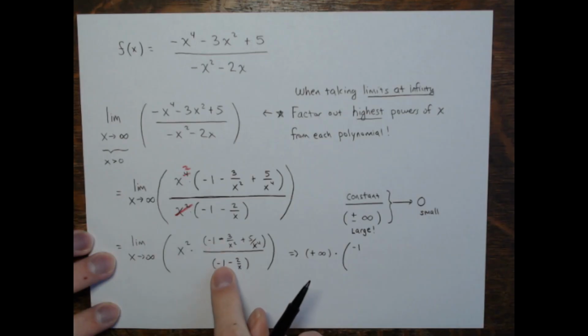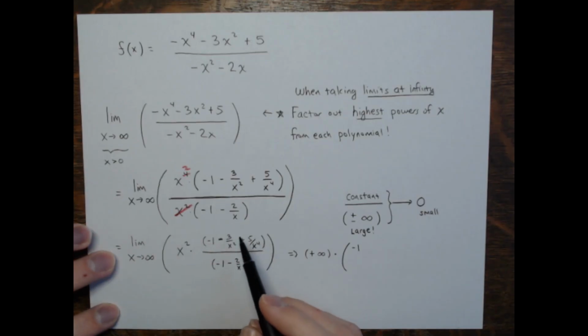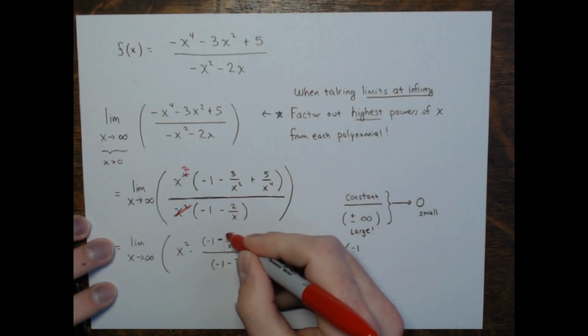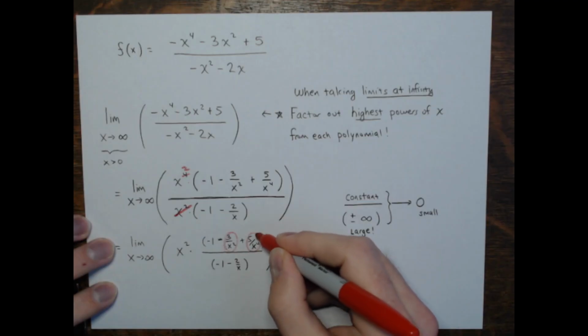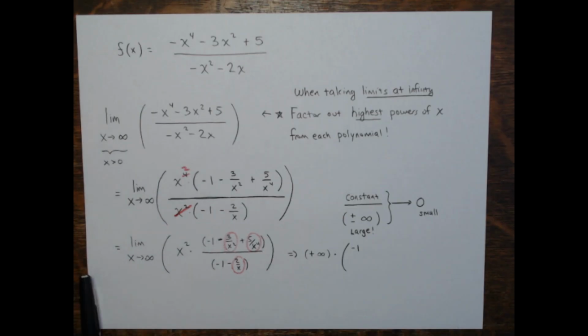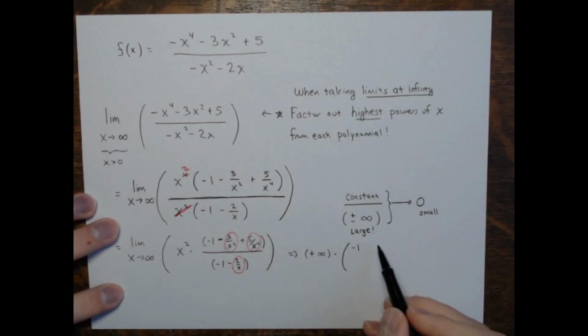Remember, constants don't change, -1. But then all these fractions with variables in the denominator, 3 over x squared, 5 over x to the fourth, 2 over x, would be getting very, very tiny and approaching 0. So we got, -0 plus 0 over -1 minus 0.